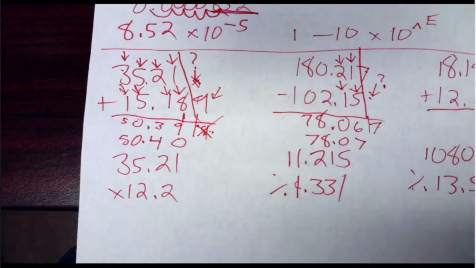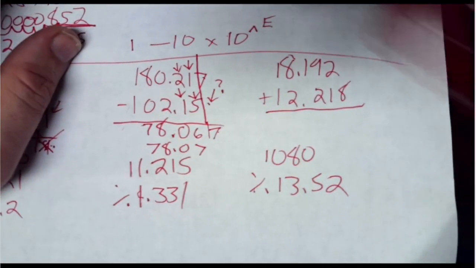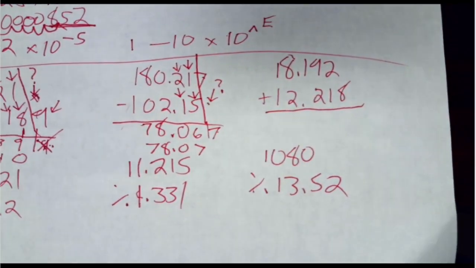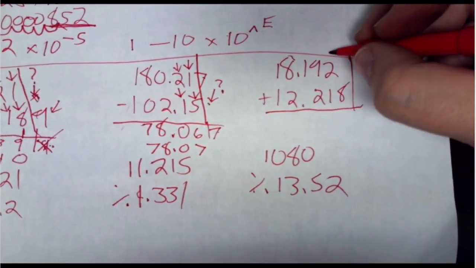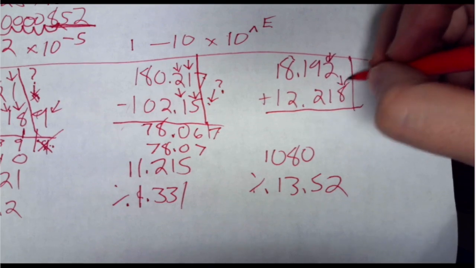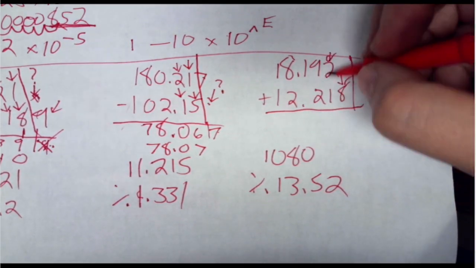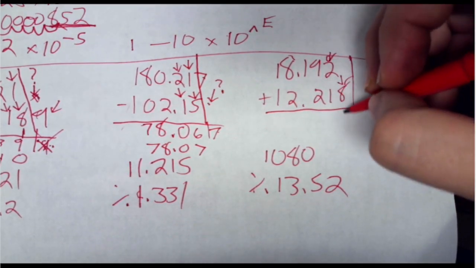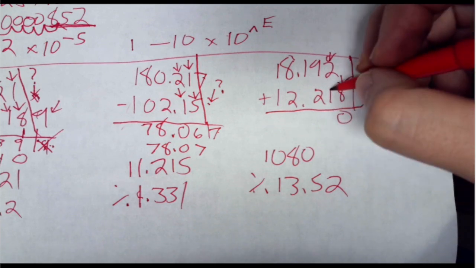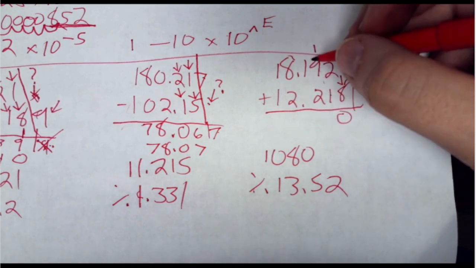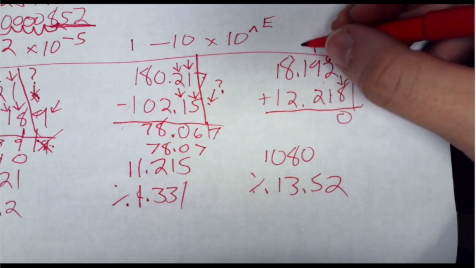Once again, adding this up. If you add this next one up in your calculator, even though this one's very easy, we get it wrong, because when we do this, you get, okay, 8 plus 2 is 10. So you bring that 1 over there. 1 plus 9 plus 1 is another 10.